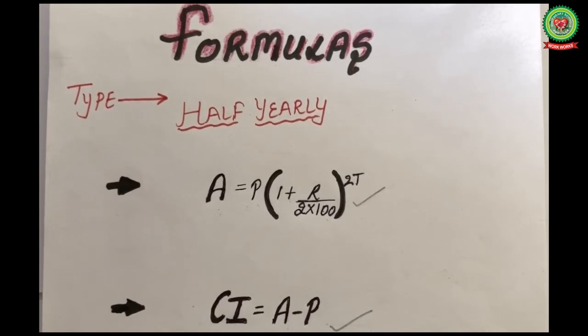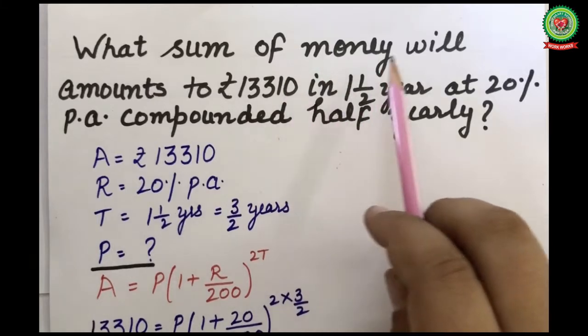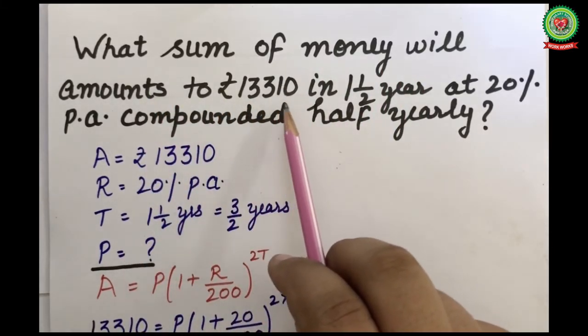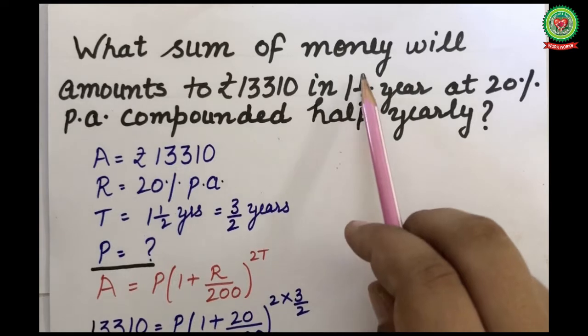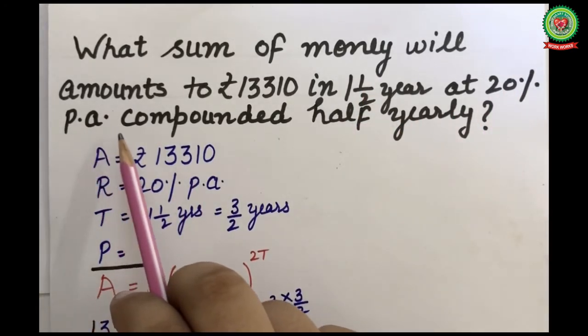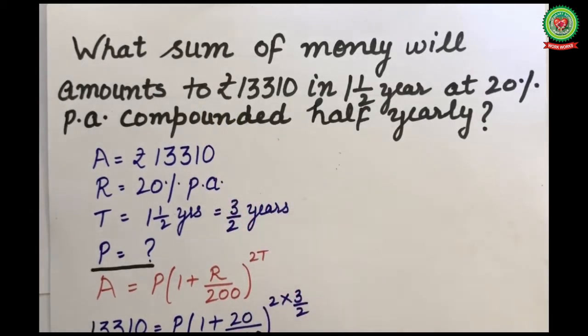Now students, let us discuss some examples based on how to find principal. The first example is, what sum of money will amount to rupees 13,310 in 1.5 years at 20% per annum compounded half yearly. Now, let us find out what is given to us in this sum.